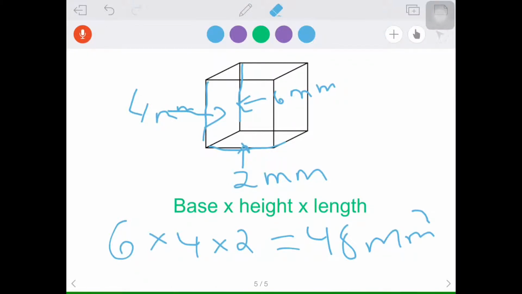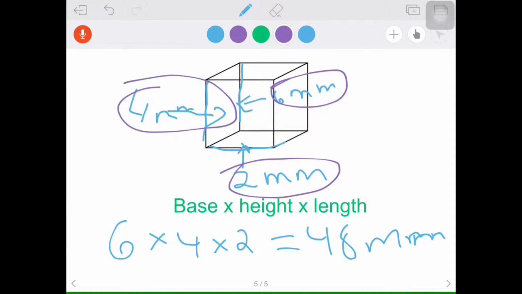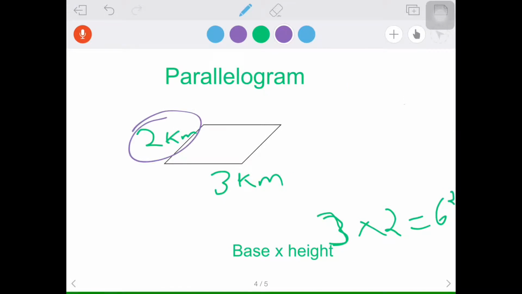But here's the thing you might be confused about. You cannot put square. No putting square. The reason you cannot put square is that there are 3 numbers, and you multiply 3 numbers. In the other ones you only have to multiply 2.